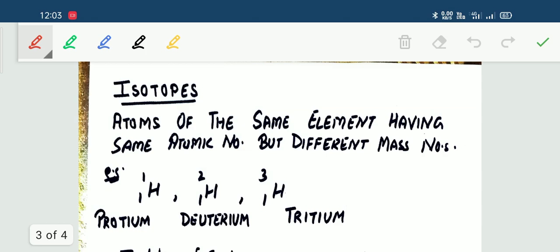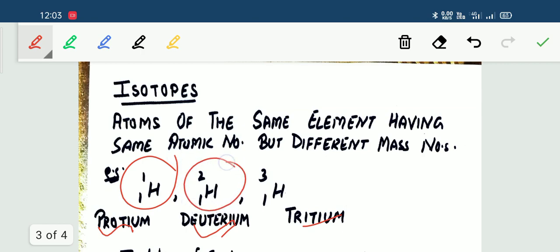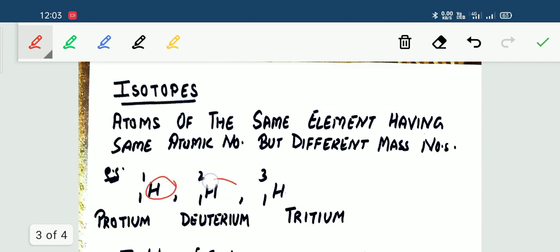For example, there are three isotopes of hydrogen named protium, deuterium and tritium. The notations for these are as shown here. If you notice these notations, you will find that all three have the same symbol, that is H, which means they belong to the same element.